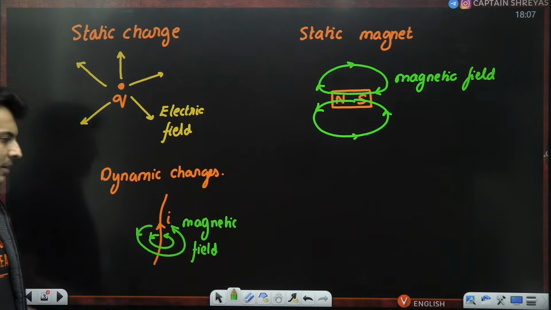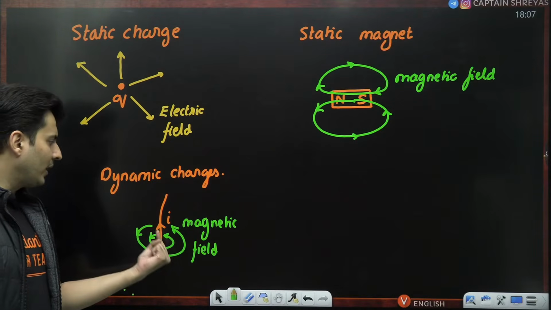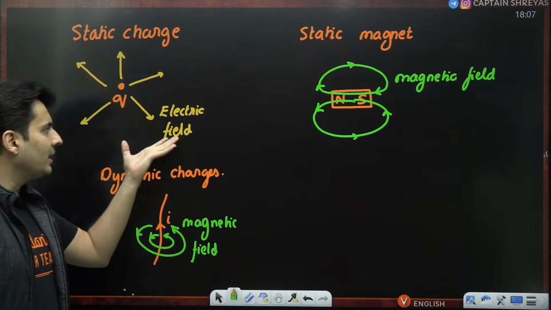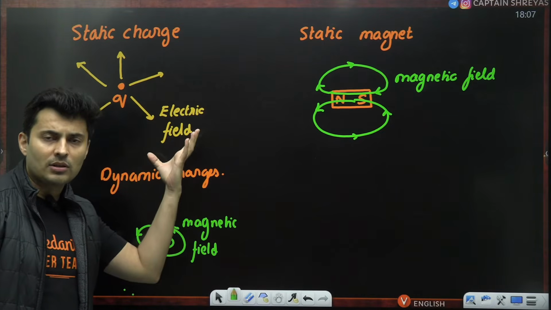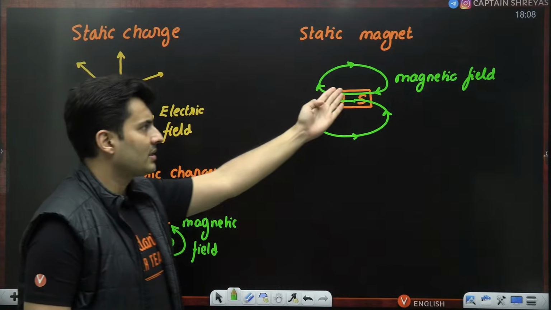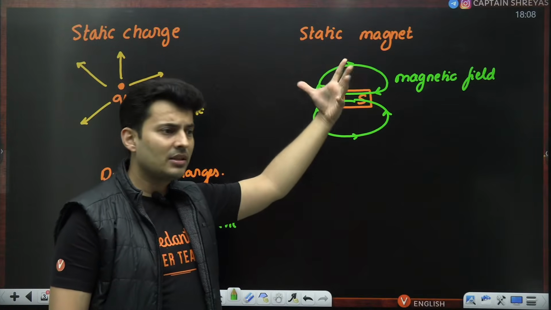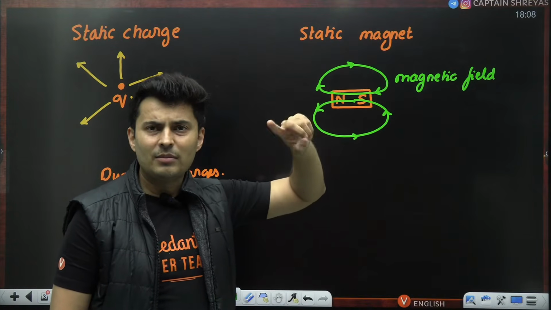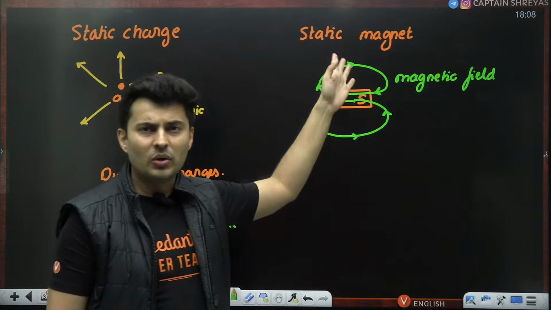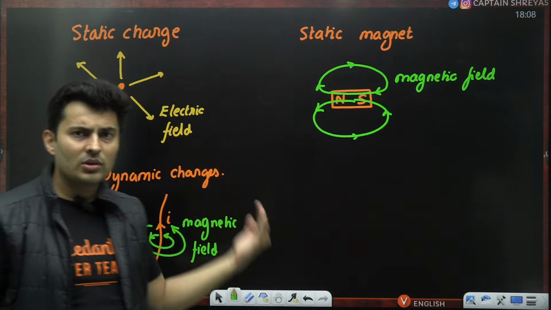This was given by Biot-Savart's law or Ampere's loop law. Finding the electric field was done through Coulomb's law or Gauss's law in electrostatics. This again came through Gauss's law of magnetism, which is integral B dot A is 0 always.